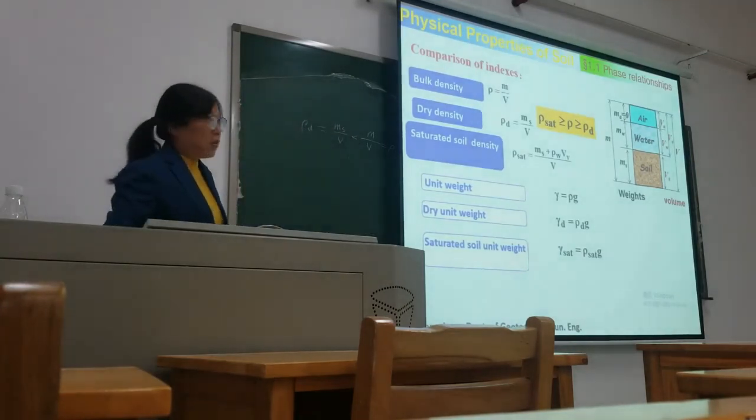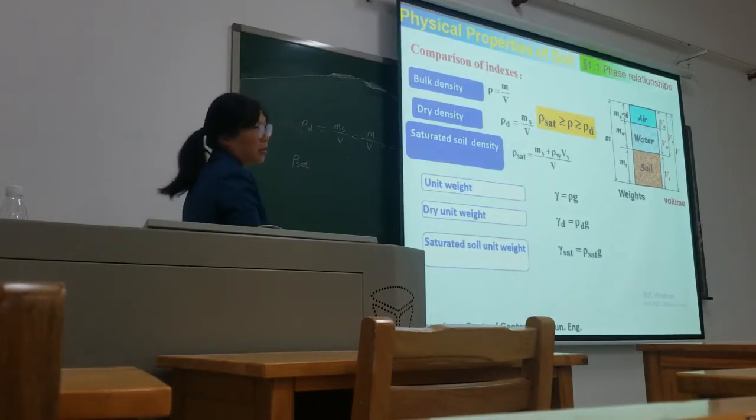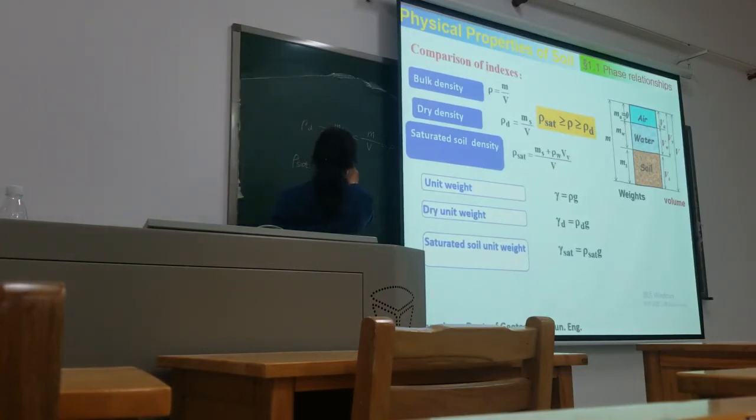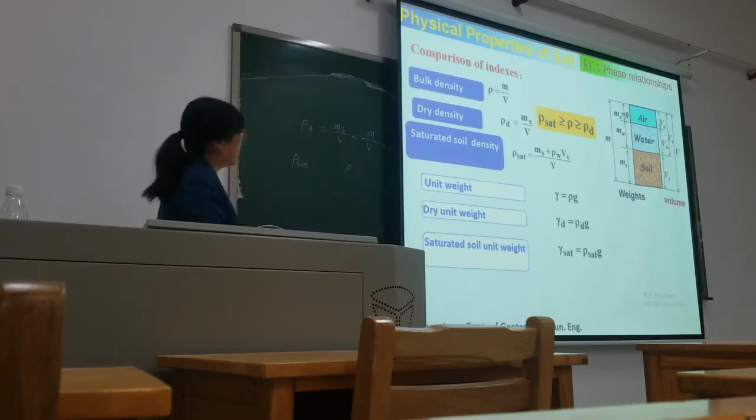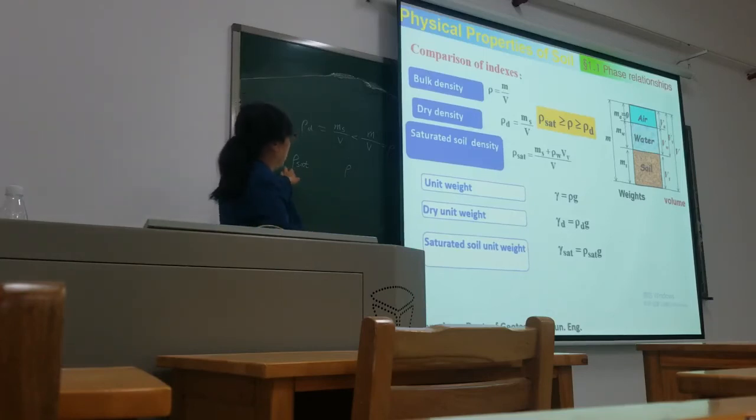But saturated density with the bulk density, how to compare? Why do you know the saturated density is more than the bulk density?